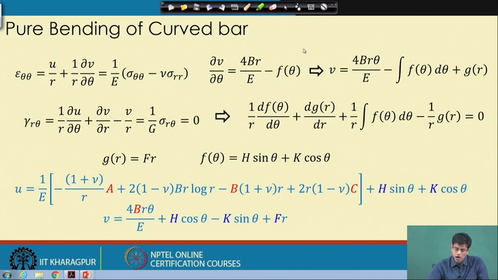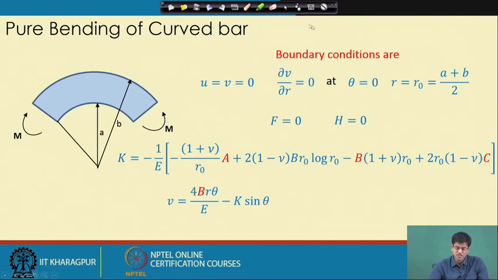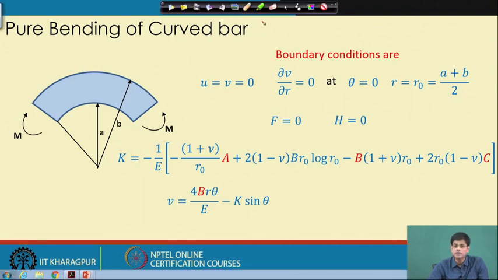To do that, we have to again use the boundary conditions in terms of displacements. In the boundary conditions, in the radial direction, that means the centroidal axis, this is the radial direction. In this radial direction, we can fix this point.